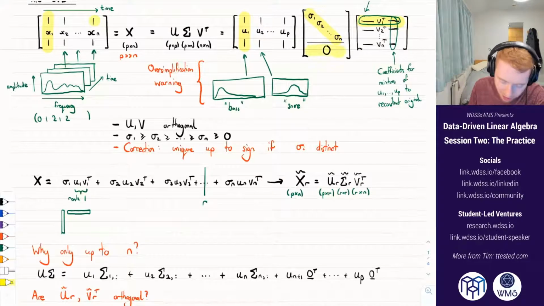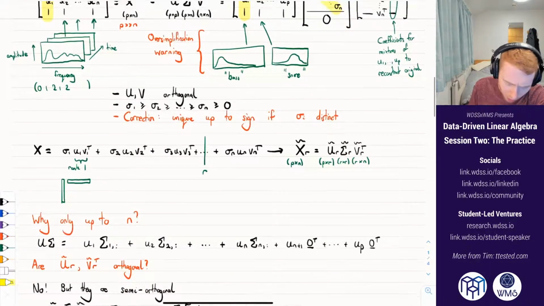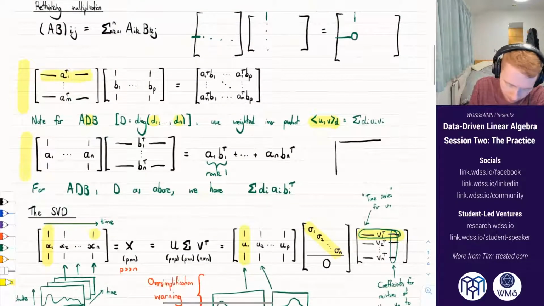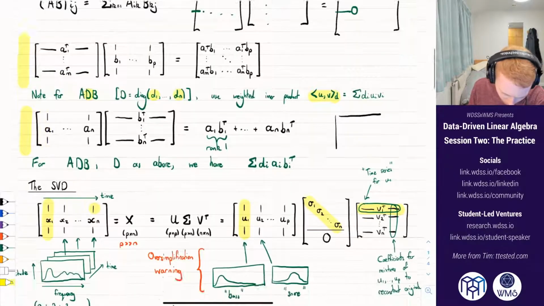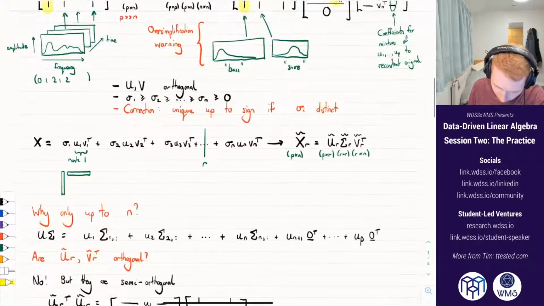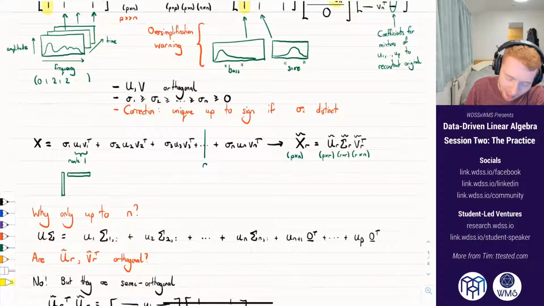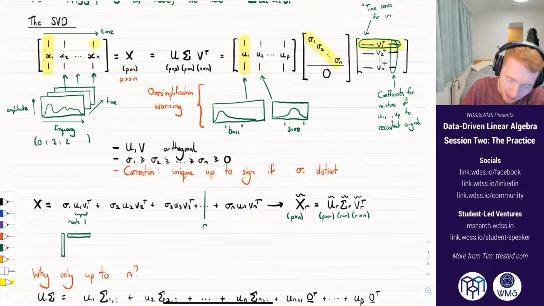So actually, if we represented this properly, we would have, if we look at u times sigma first, rather than doing the whole product, u times sigma is going to be using these column-wise here. Do I have that the right way around? No, I think I've got these the wrong way around here. Okay, well, let's ignore that point. The important thing is that these u's, once we're past n, start getting multiplied by 0.